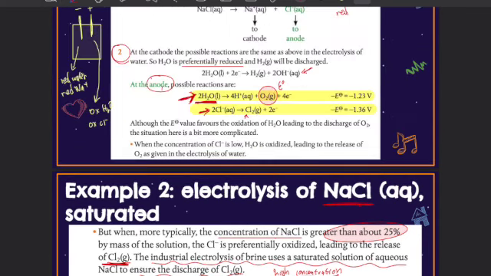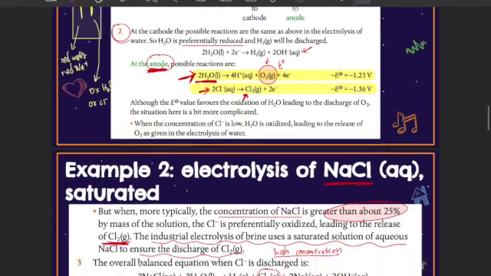And you should understand that at the anode, when we really, really increase that concentration of NaCl, we're going to force the system, instead of preferentially favoring oxygen production, it will favor the oxidation of Cl minus to make chlorine gas instead.